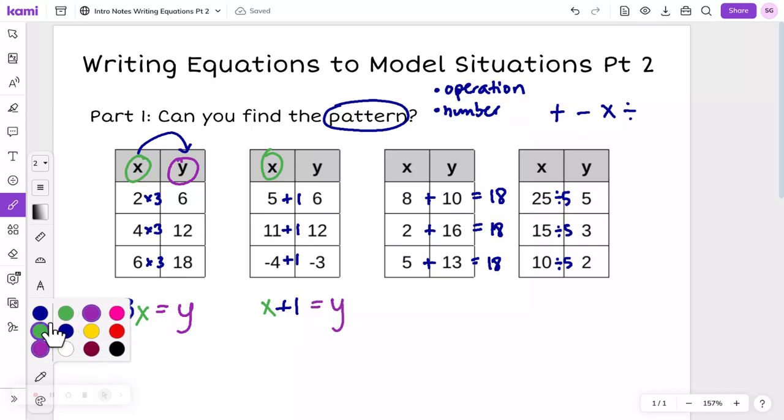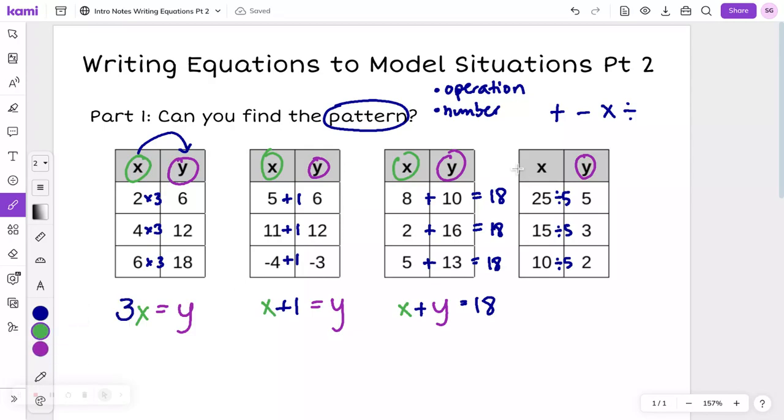This next table here, x, and this time that pattern is spread out a little bit, plus our y, and then it always equals 18. And then for that final one, I didn't circle this y, we've got our x. Every single time we divide it by 5 to help us find y. This right here is going to be an important skill for today's lesson.